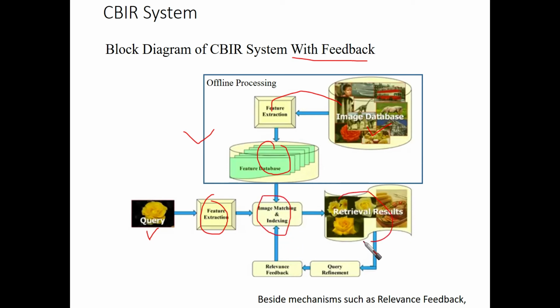So you get the retrieved result. But sometimes this is not satisfactory. So the user now plays a role. He can modify the query, and then some feedback goes in. In this way, the result might be improved. So as you can understand, the users play a vital, active role in developing an effective content-based image retrieval system.